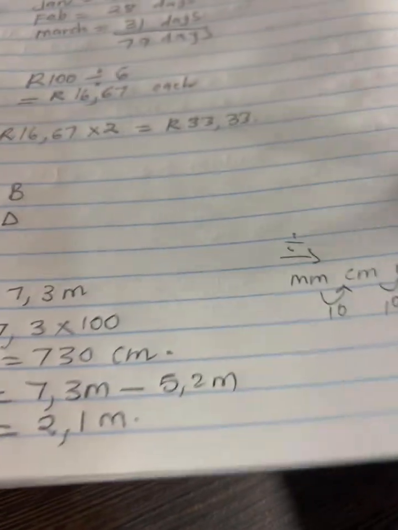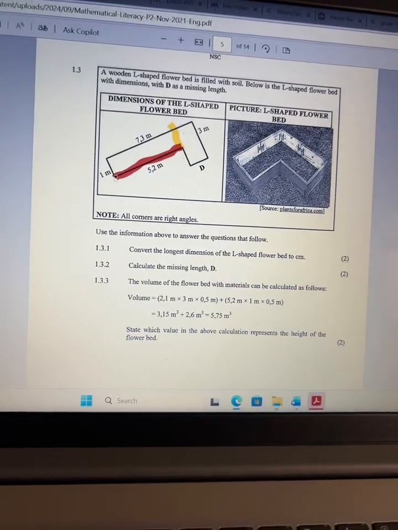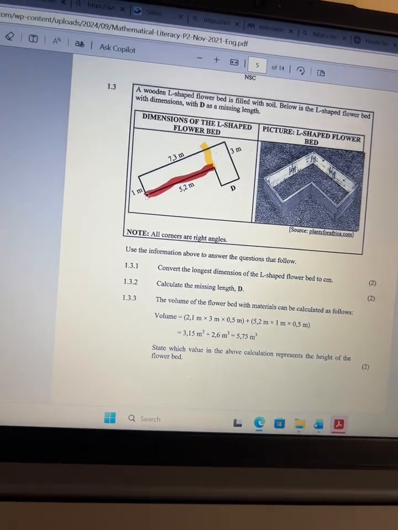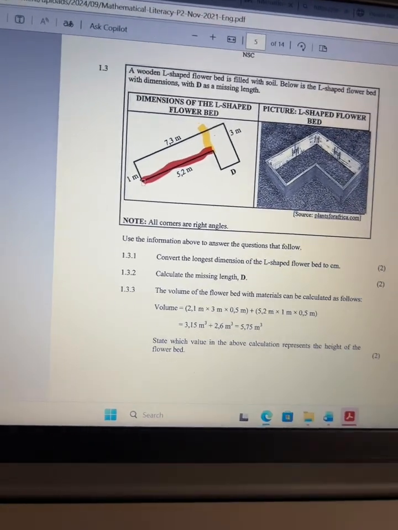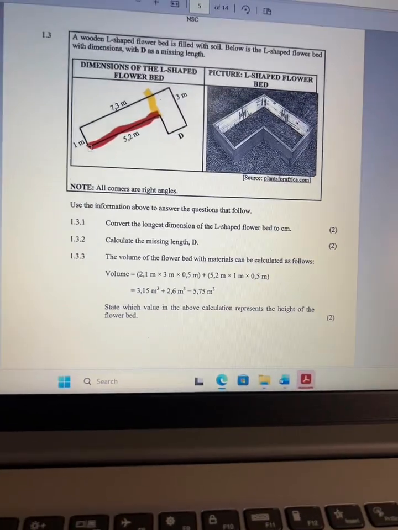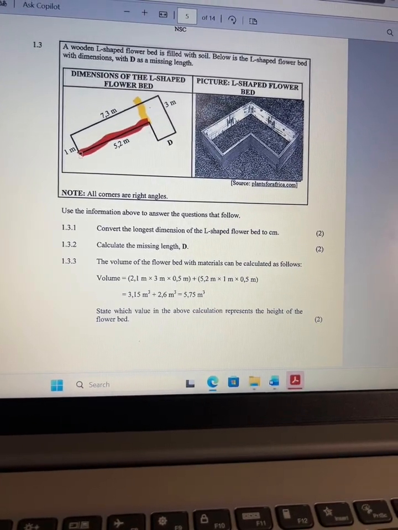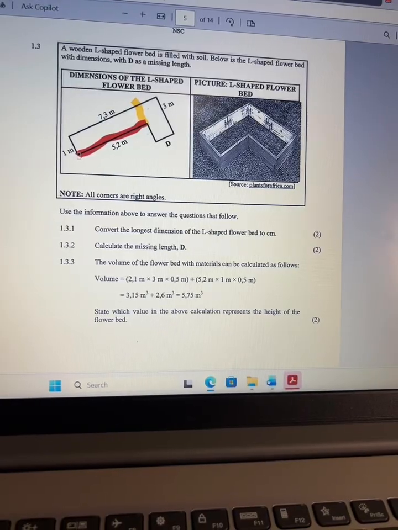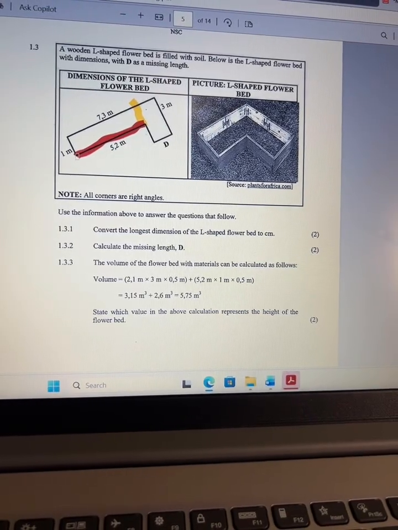And then now we can proceed to the next question, 1.3.3. With 1.3.3, they said that the volume of the flower bed with materials can be calculated as follows.